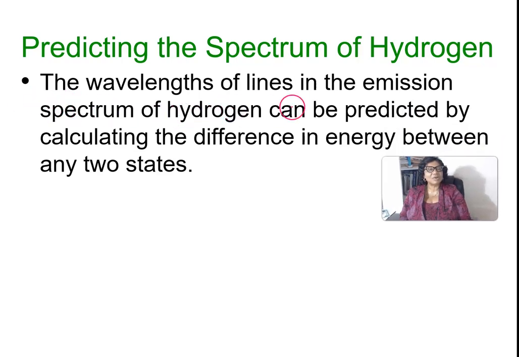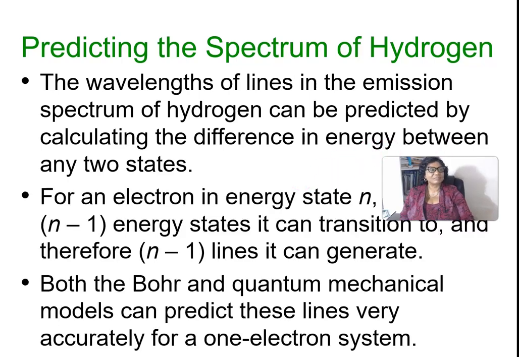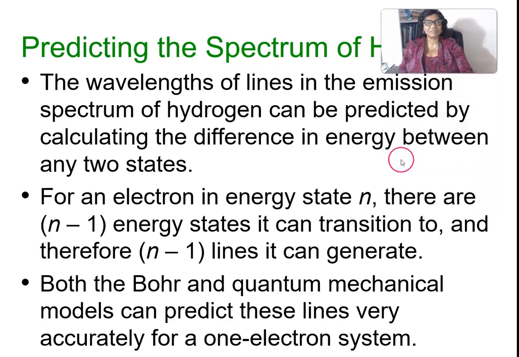So the wavelength of a line in the emission spectrum of hydrogen can be predicted by calculating the difference in energy between these two states. For an electron in energy level n, there are n-1 energy states it can transition to.